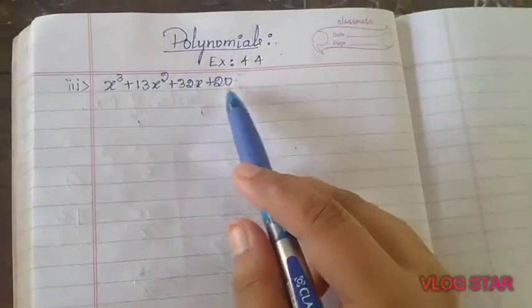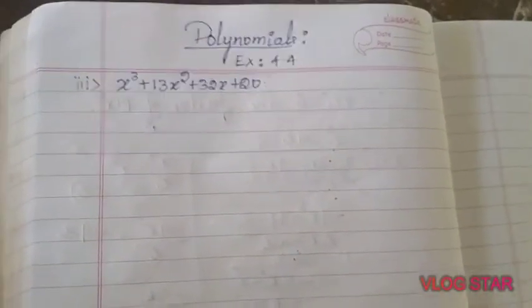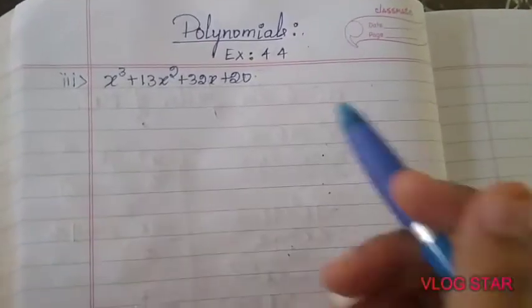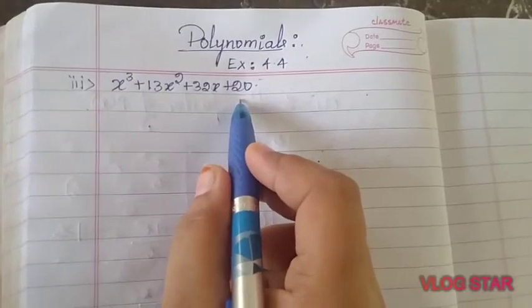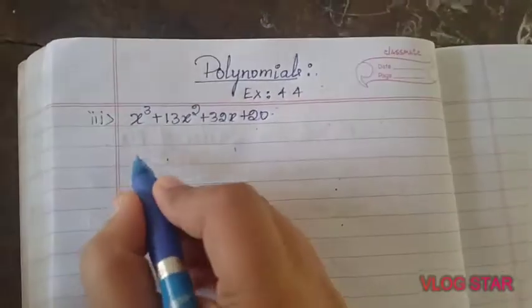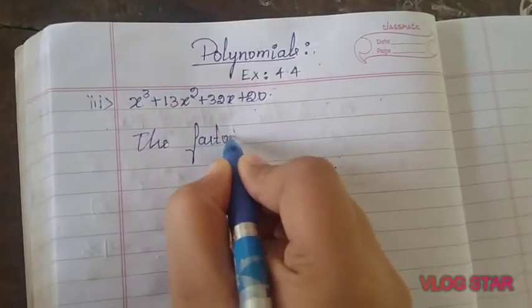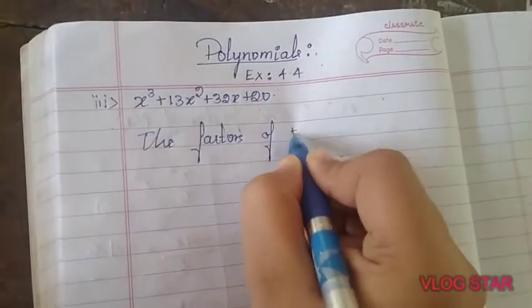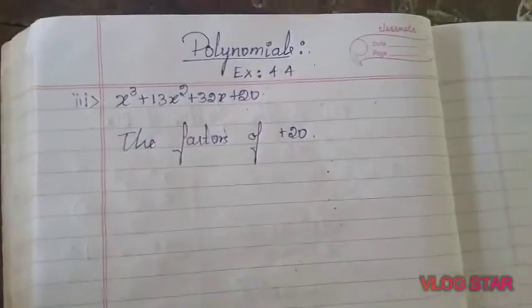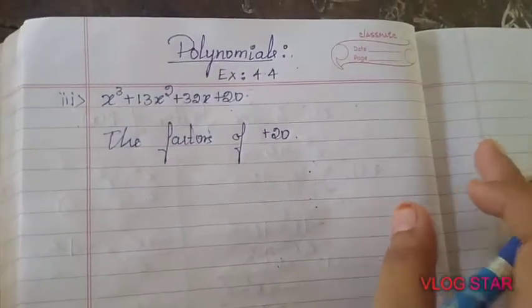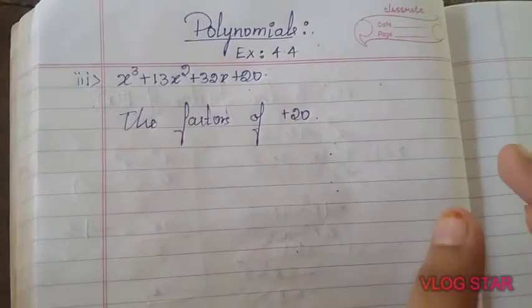First, you have to consider the constant term of this cubic polynomial, which is 20. Now you have to find the factors of 20. While writing the factors you have to write both signs, plus or minus.